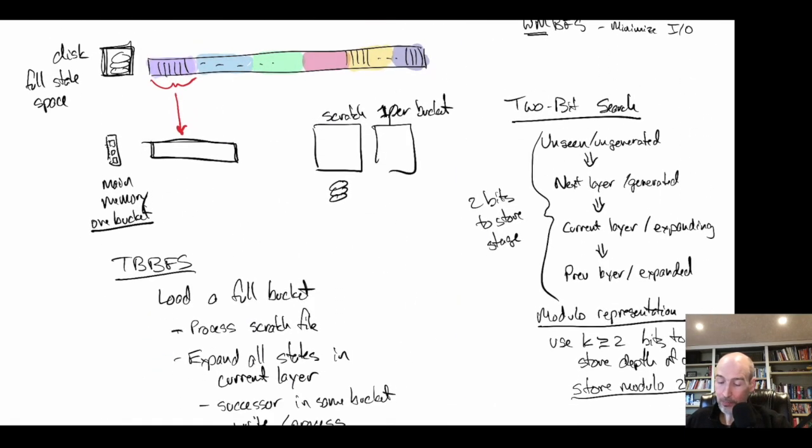On the other hand, with 2-bit breadth first search, I do need these expensive scratch files. And here I'm loading exactly the representation of a bucket into memory. So there's a trade-off there: my buckets have to be smaller so that they can actually fit in memory. And then some of the duplicate detection is happening here, but some of it is happening from the scratch files, both within the scratch file and as a scratch file is being written to memory.